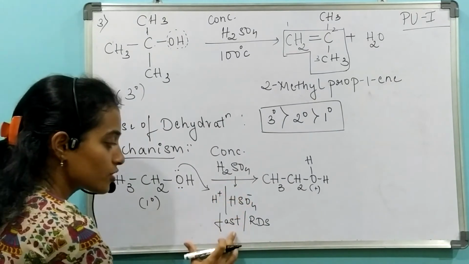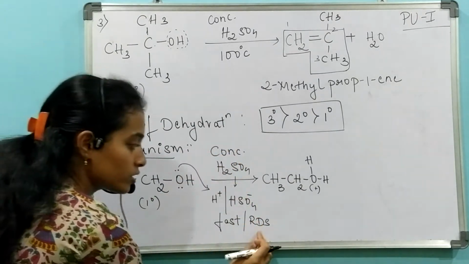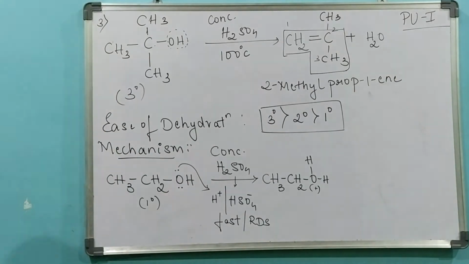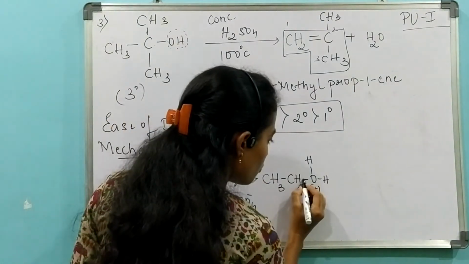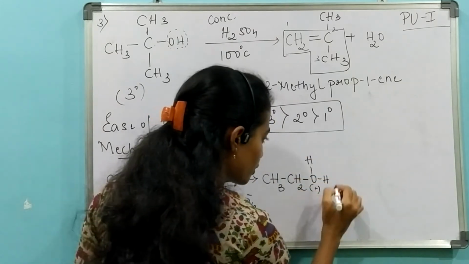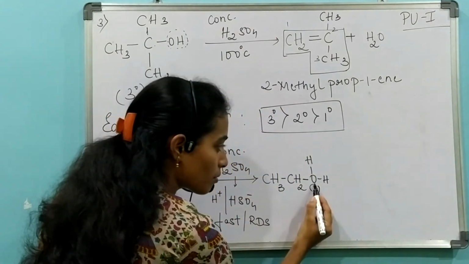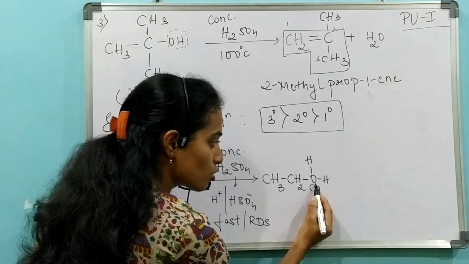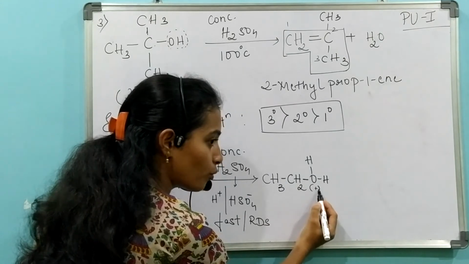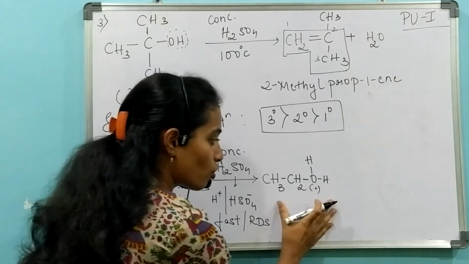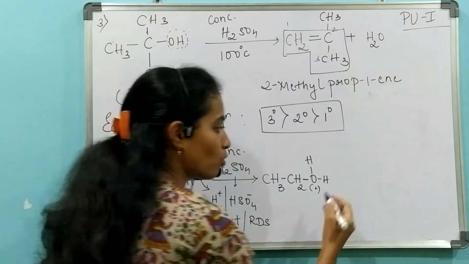After this, there will be a removal of the water molecule. Why? Because oxygen became highly unstable by losing its lone pair of electrons and it got a positive charge on it, and we called it a protonated alcohol.